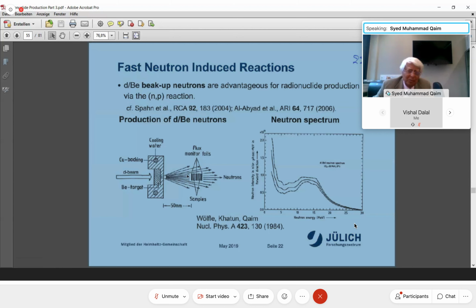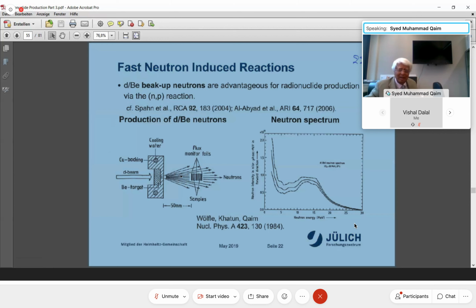It is broken up into a proton and a neutron. The proton is absorbed, the neutron goes out, and the energy of the neutron is not exactly half, but about 40%. If you have 30 MeV deuterons, your neutrons could be 12 MeV.